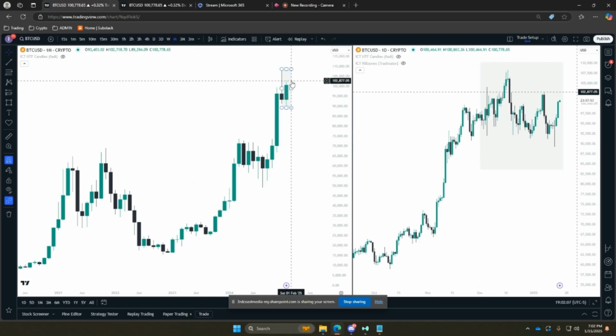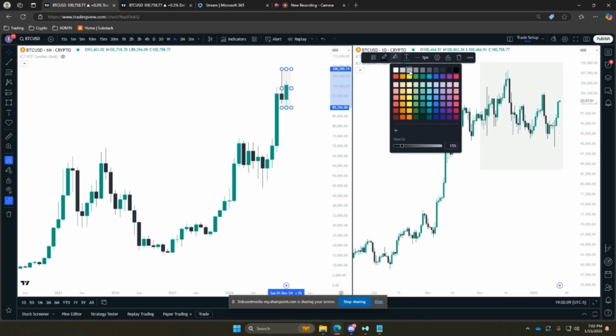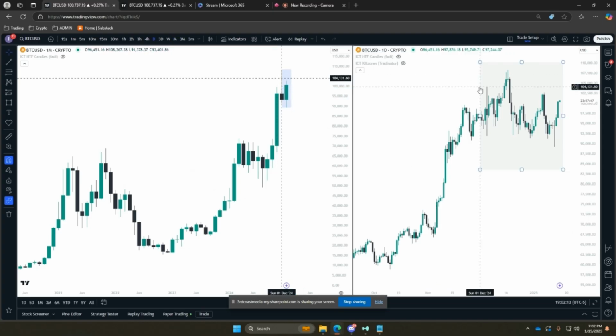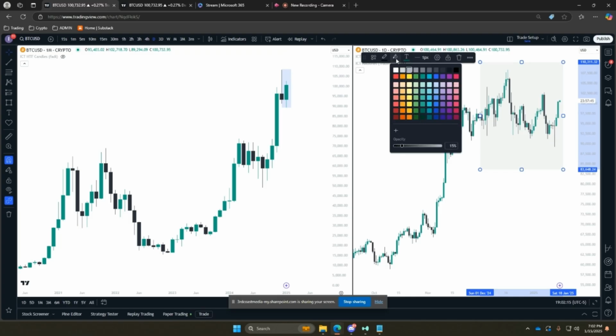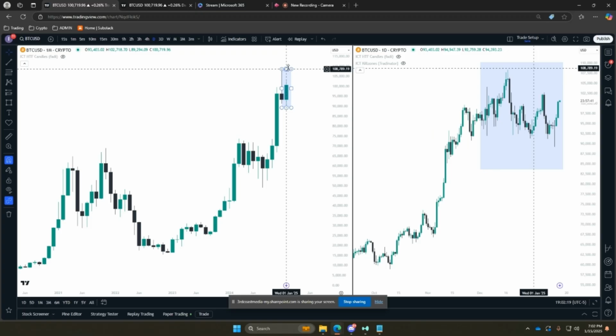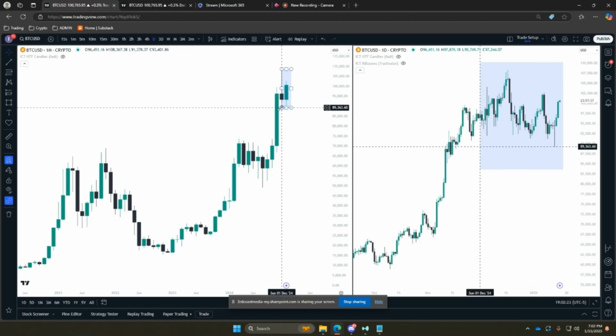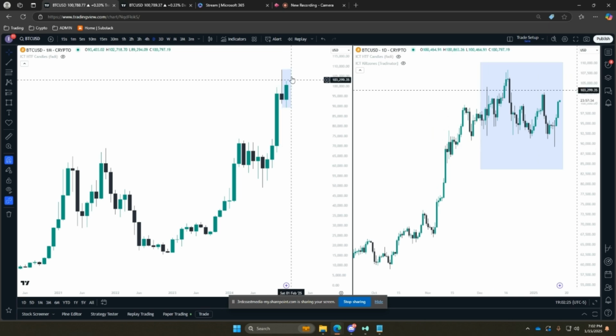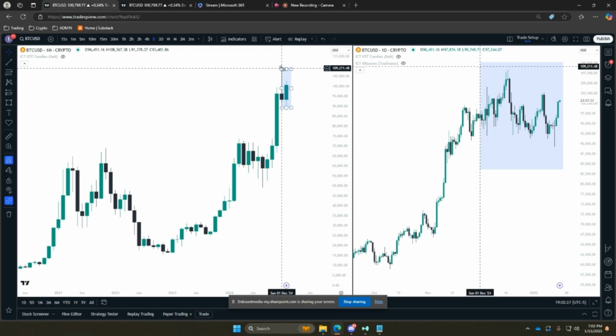Let me change the color so you can see that. So we have blue and we have blue. You can see that this is from December 1st to now. And same here, this is December 1st to now.